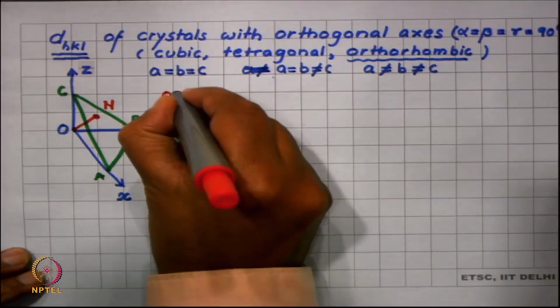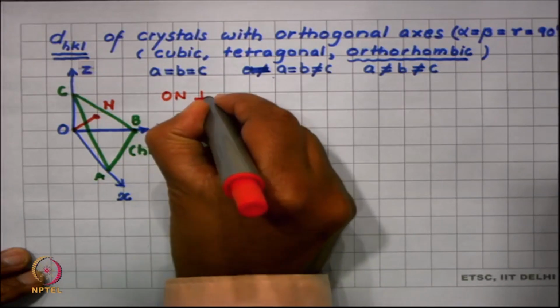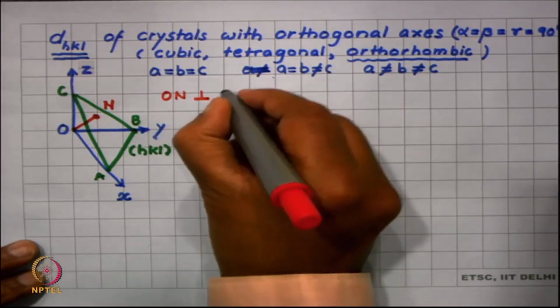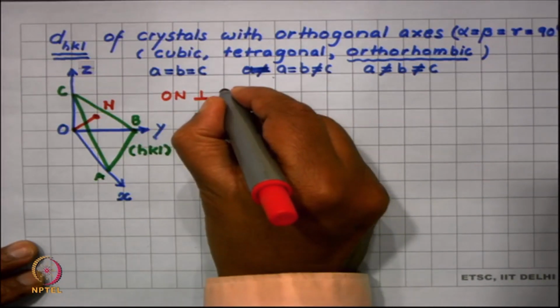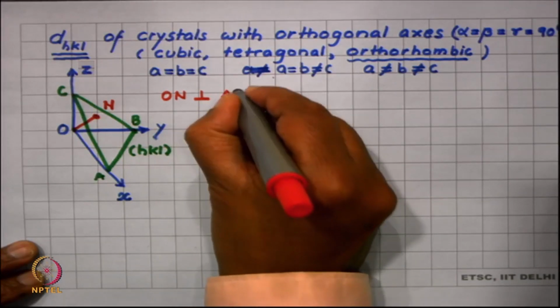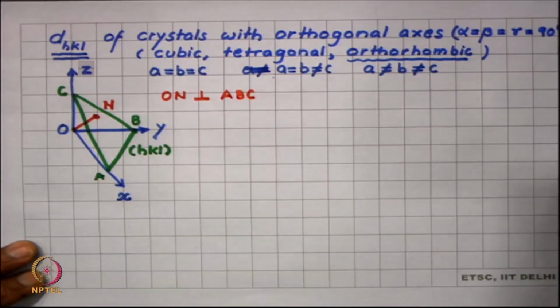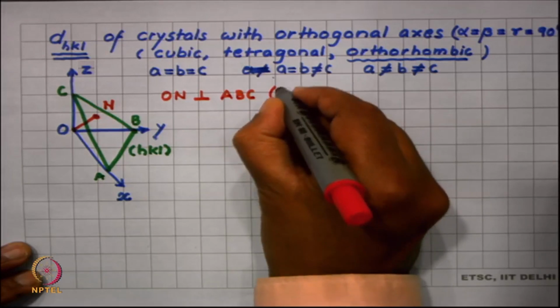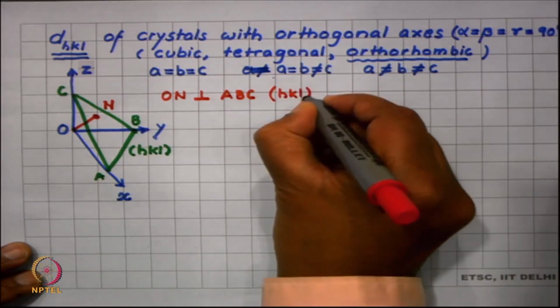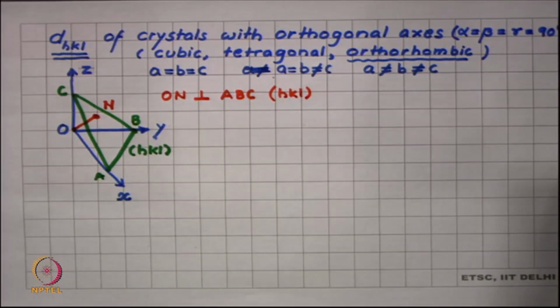So, ON is perpendicular to ABC, which has Miller indices hkl.